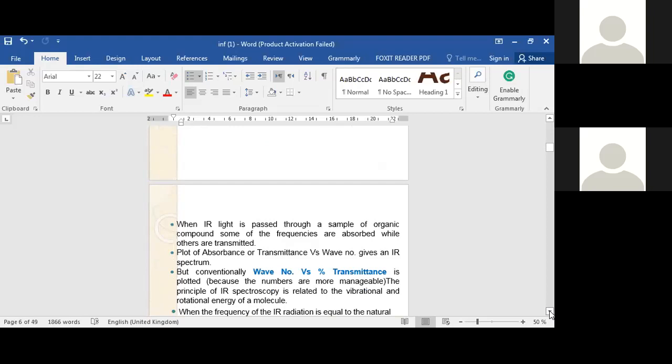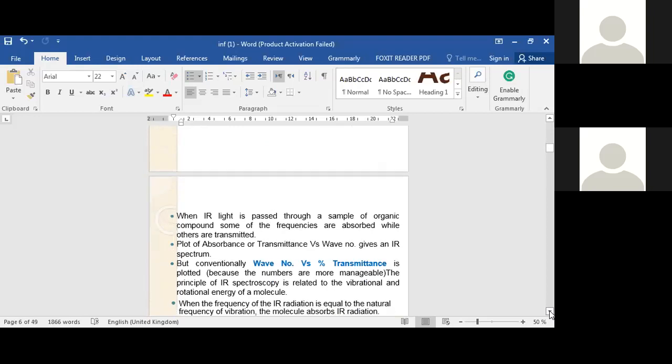In the IR, similarly to the UV visible spectroscopy, when IR light is passed through a sample of organic compounds, some of the light frequencies will be absorbed while others will be transmitted.